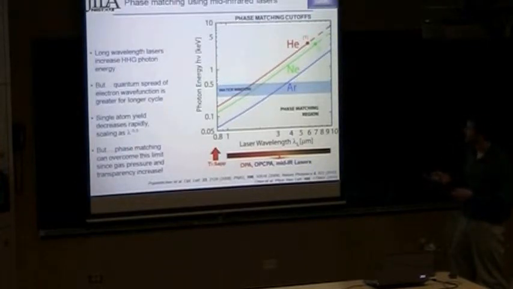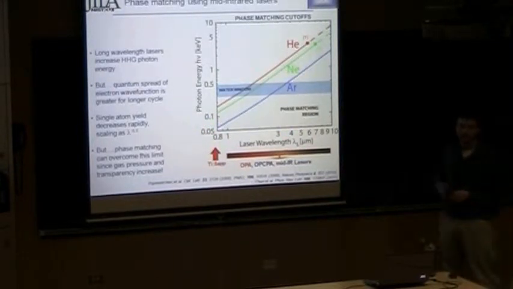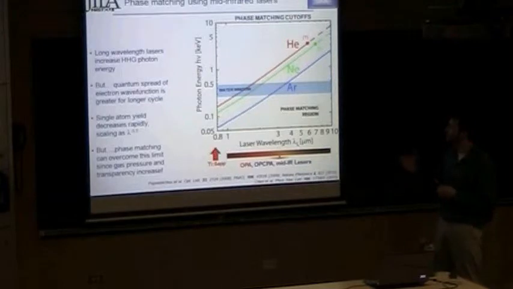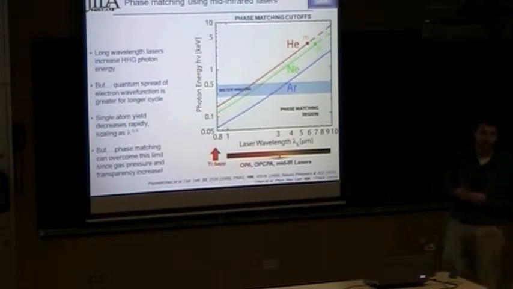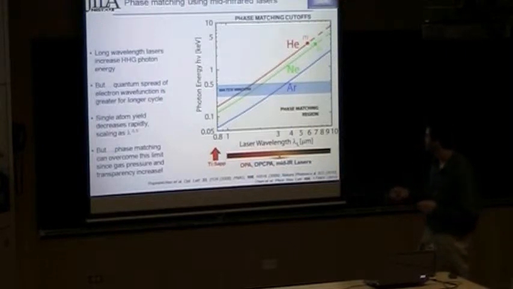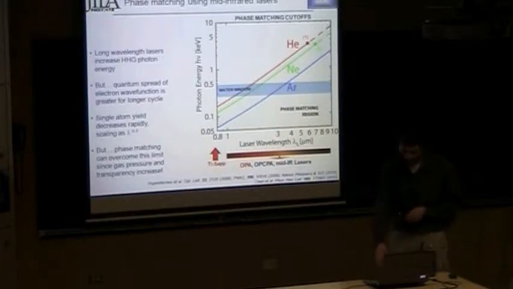You can calculate for the three main gases we use, helium, neon, and argon, what the phase matching photon energy is going to be as a function of driving laser wavelength. The key here is that you get to much higher photon energies for the same laser intensity. So you reduce the ionization and you can still phase match. For 2 microns, you're already up to about 500 eV, well through the water window, and at 3 to 4 microns, you're phase matching at around a keV.